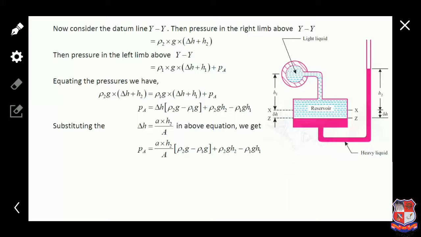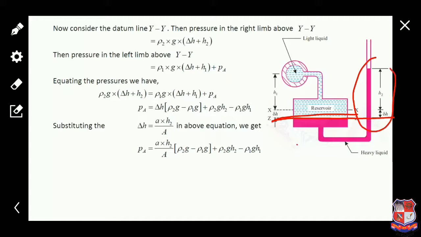Now consider the ZZ section as a datum line and compare the pressure on both sides. The pressure in the right limb above the ZZ datum plane is due to the column of heavy liquid: rho 2 g times (H2 plus delta H).